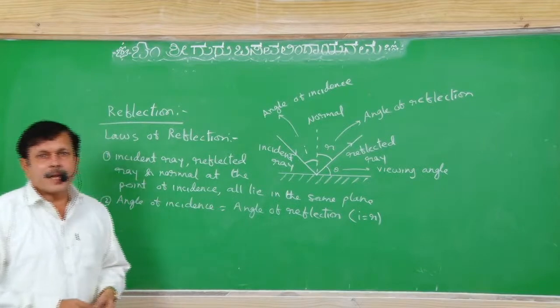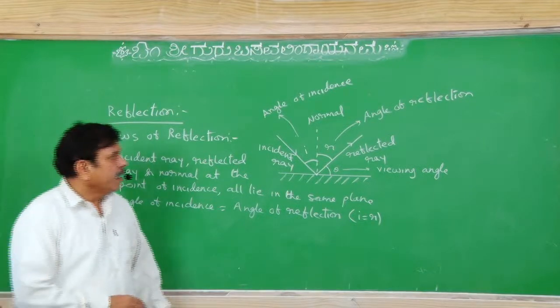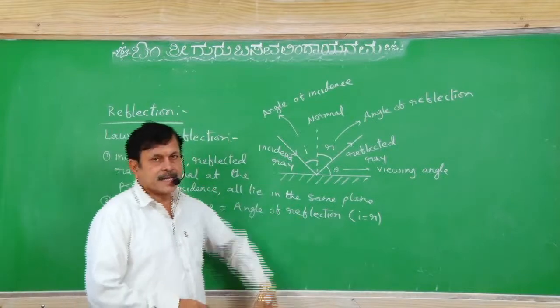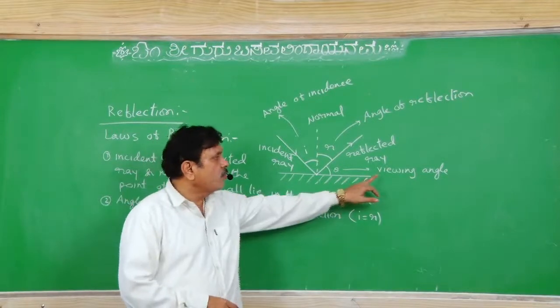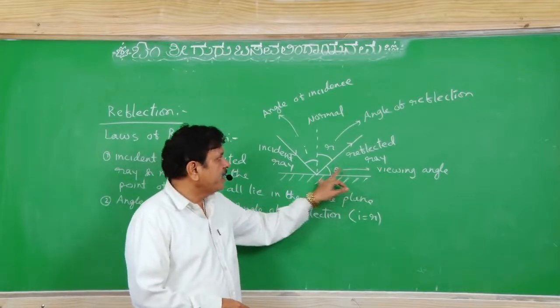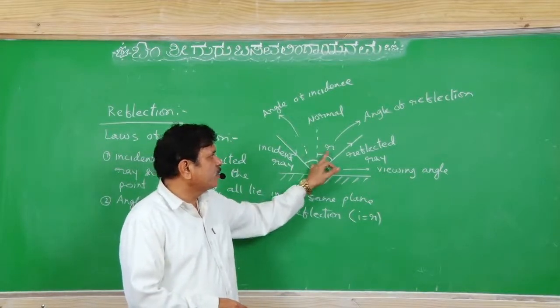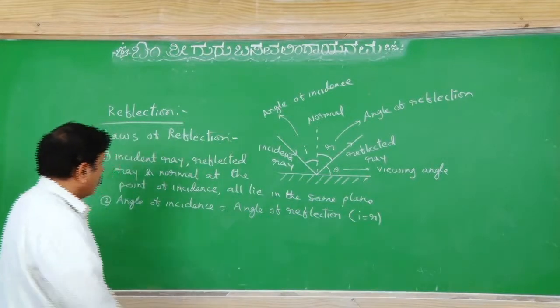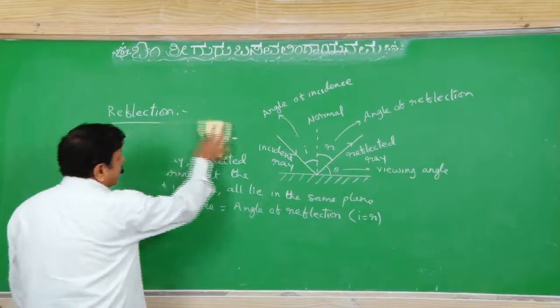Sometimes the question will be like this: if the angle of incidence on a surface is 30 degrees, what is the value of the viewing angle? This angle will be equal to 60 degrees, because this is 30, so this will be 30 and this will be 60 degrees. Now, we'll go for the next thing.